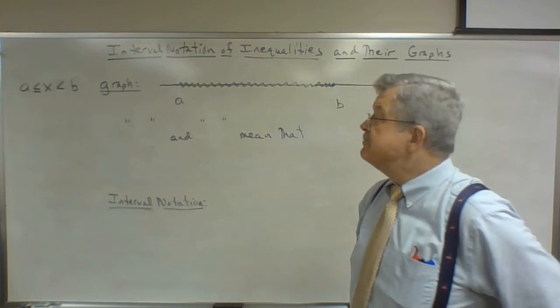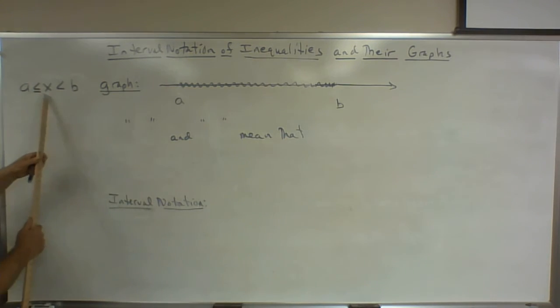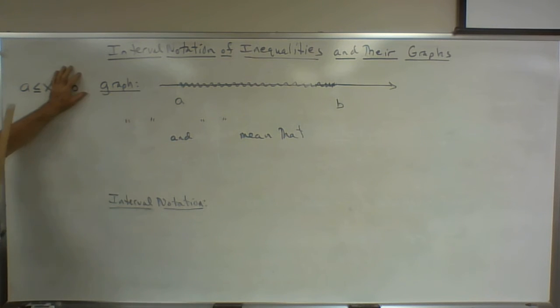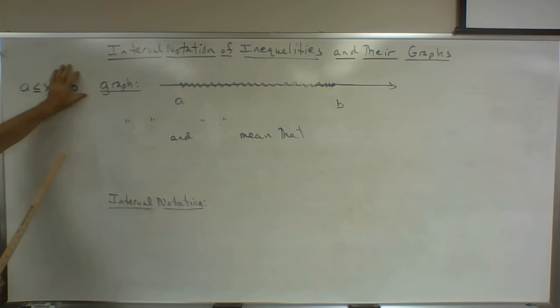New example. With reference to the variable, we say x is greater than or equal to a, and x is less than b. The first half: x is greater than or equal to a.